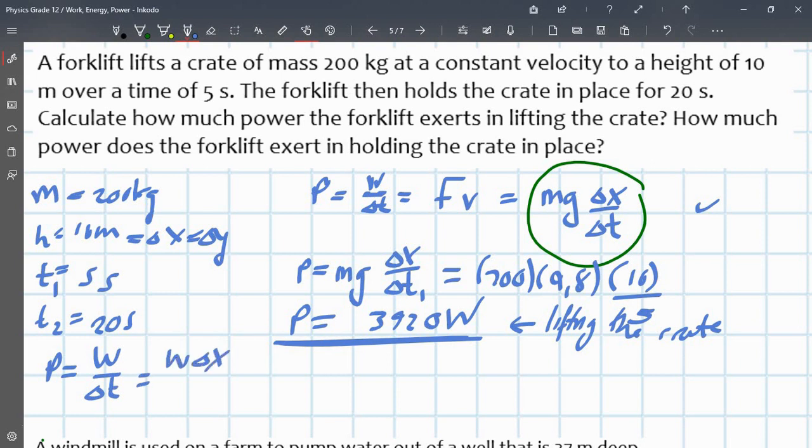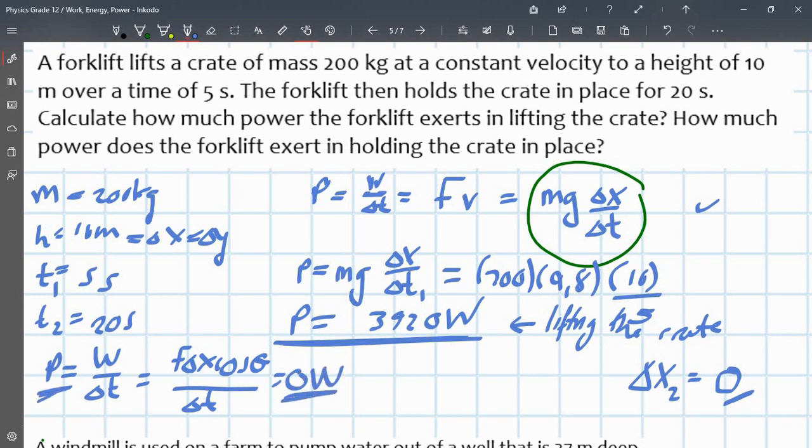Work is equal to force times displacement times cos theta, all over the change in time. But in case 2, the crate is stationary, so the displacement is 0. That means no work is done, therefore no power.